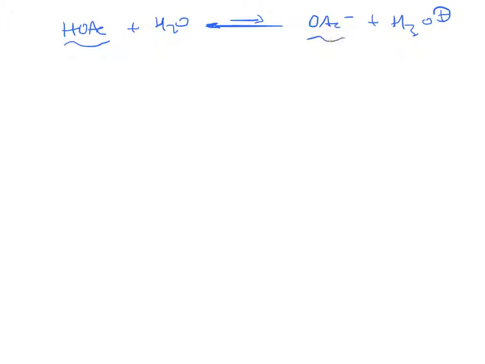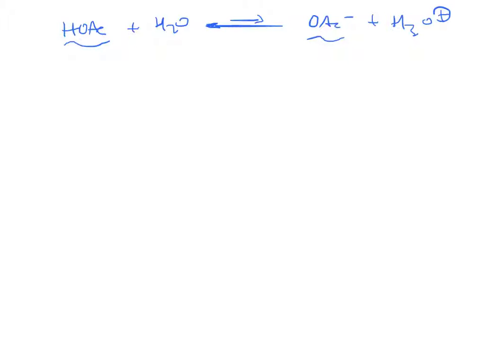So our equilibrium is HOAc plus H2O in equilibrium with OAc minus plus H3O plus, where I'm using a larger arrow pointing to the left-hand side to indicate that the equilibrium lies well on the side of the reactants. Notice also that I'm inserting the abbreviations HOAc for acetic acid and OAc minus for acetate ion.